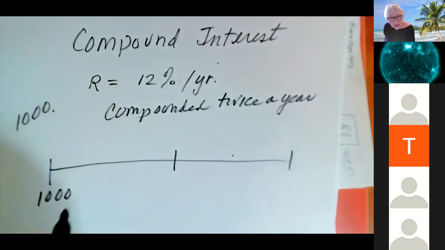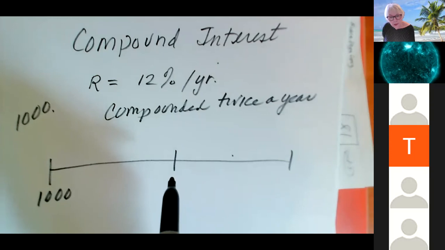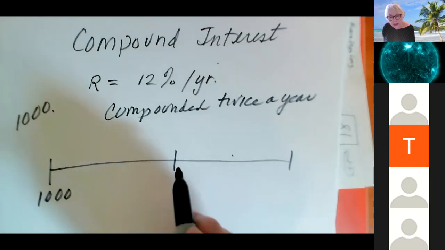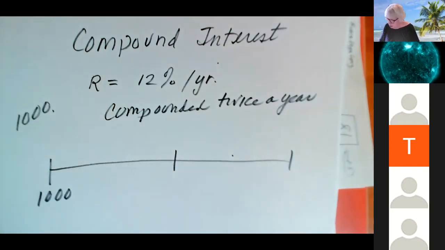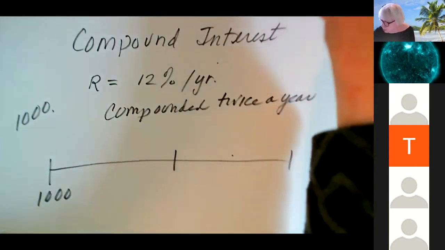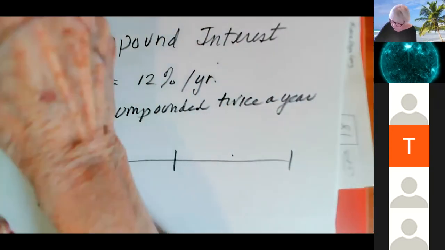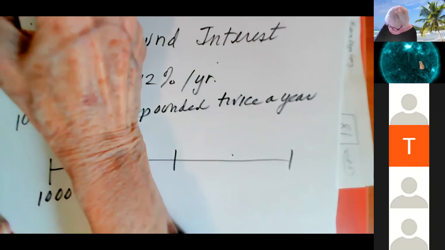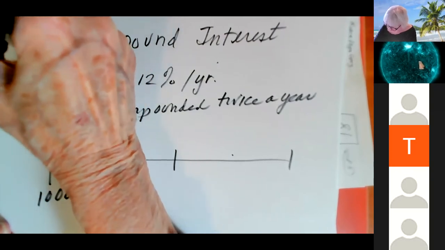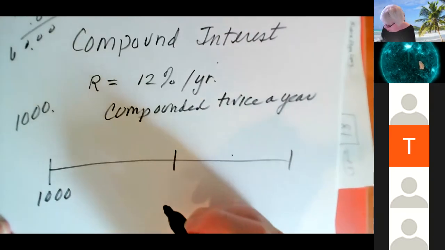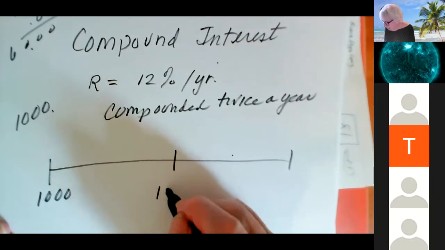Half of the interest. That number would go here. So what is 6% of 1,000? 60. So it's 1,060.